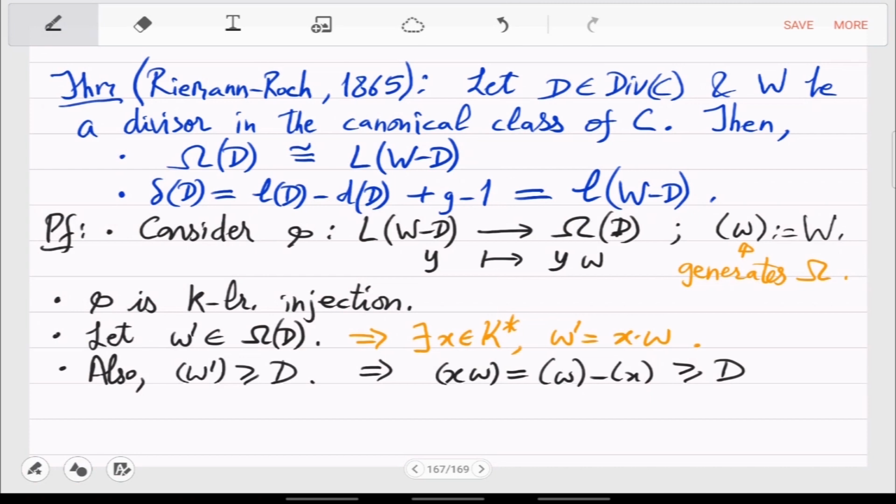See, this is just W. So this tells you that W minus x minus D is greater than or equal to 0. Right, so do I have a function in L of W minus D? That is x inverse. So this implies that 1 over x is in L of W minus D.